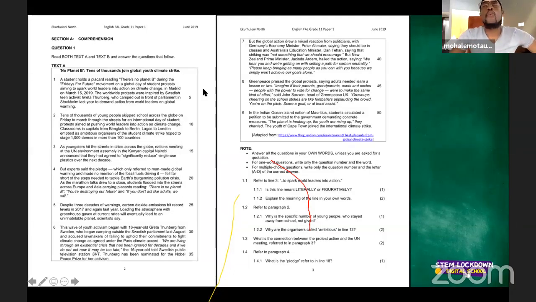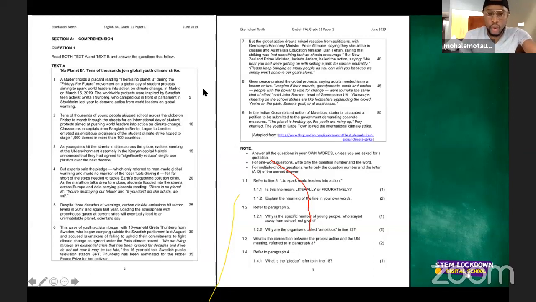Now, they are called ambitious because these are a whole lot of people in different countries. And the person who's writing this text is saying they are called ambitious because they don't believe that they would be able to pull through a whole number of people to agree with them on calling this international climate strike.